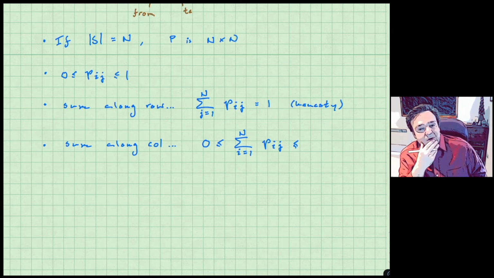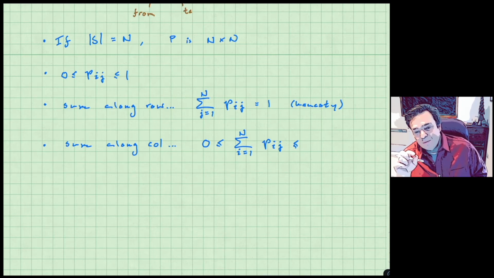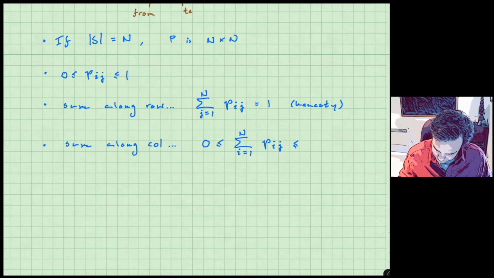So what could it be? At most, there are n states that could point to j, to where you are, including the one that you're in, and it could be that all of them point to you with probability 1, and so the most this could be is n. I think that's right.